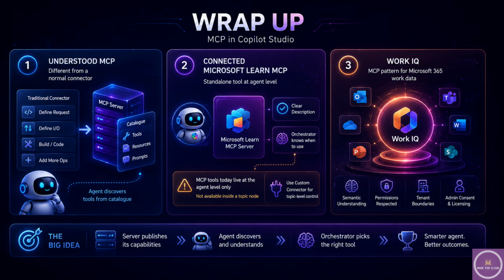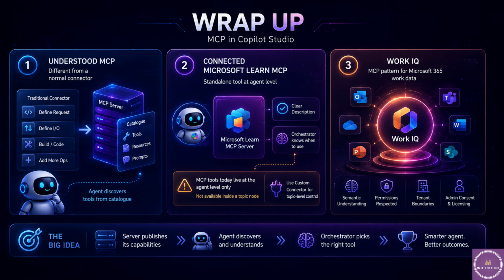Then we connected the Microsoft Learn MCP server as a standalone tool in Copilot Studio, and we gave it a clear description so the orchestrator knows when to use Microsoft Learn and when to stay with our workshop knowledge. I also explained that MCP tools today live at the agent level only and cannot be called or used inside a topic. So if you need that kind of topic-level control, you would use a custom connector instead.